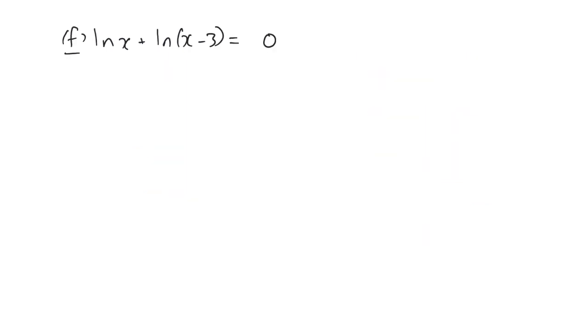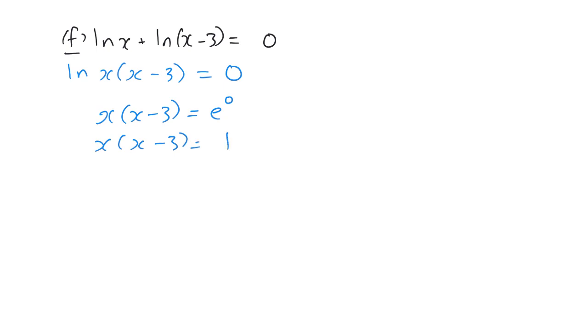F, then ln x plus ln x minus 3 equals 0. So again, you can see you're getting the same type of questions as you got in the normal logs questions. It's just a natural log. I'm going to combine these then, so it's a plus, so that means we're multiplying. Okay, all the same log rules apply, so we can write x times x minus 3 equals e to the power 0.